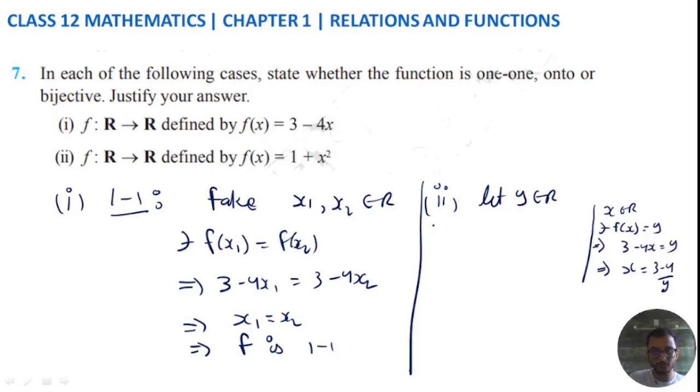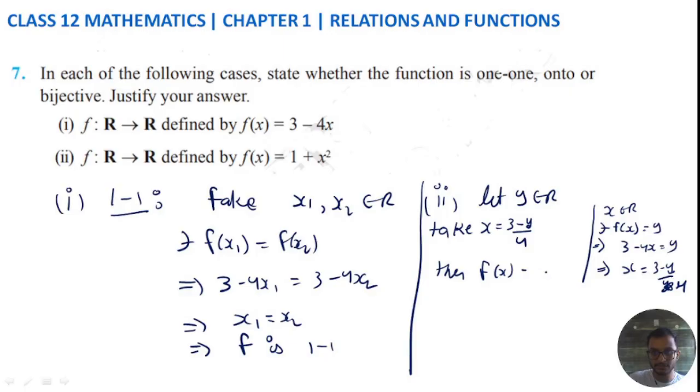So let y belong to R. This you don't need to write in the exam. This is the rough idea of how we will get this x. Take x equals (3 minus y) by 4. Then you calculate f of x.